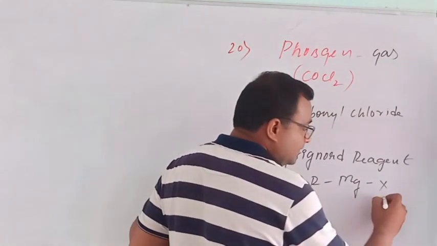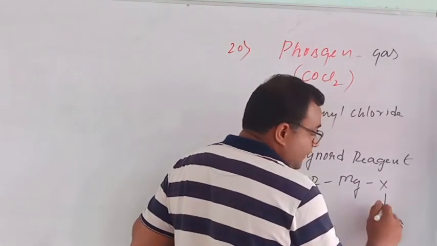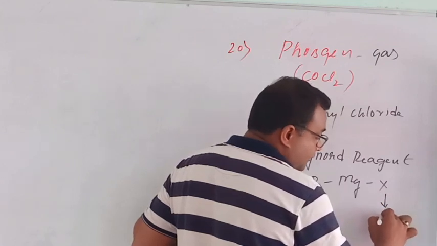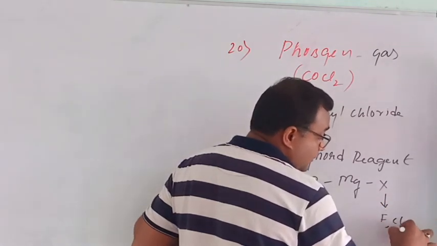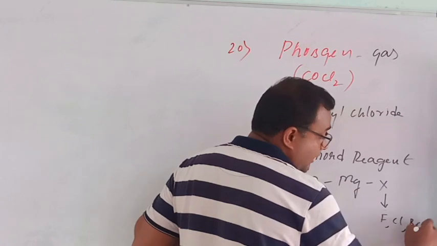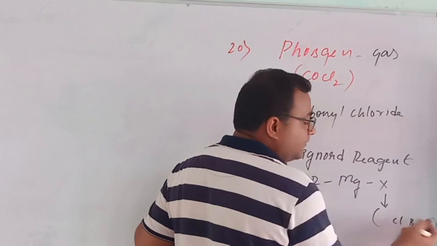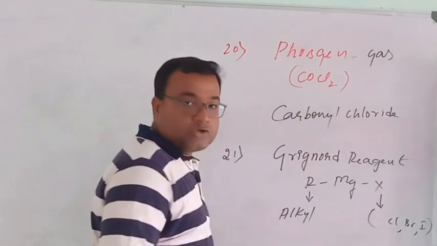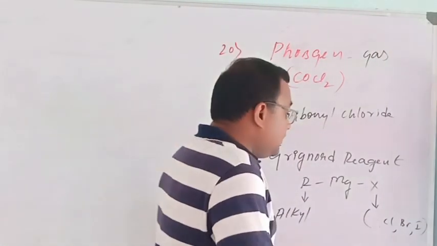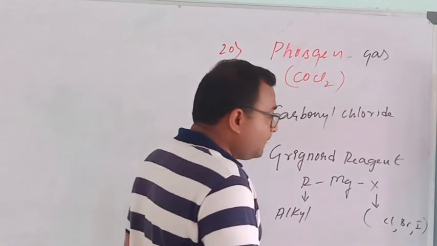Mg is the metal. X is either bromo, chloro or iodo. Most commonly it is chloro or iodo.